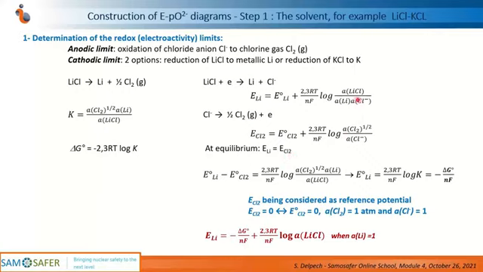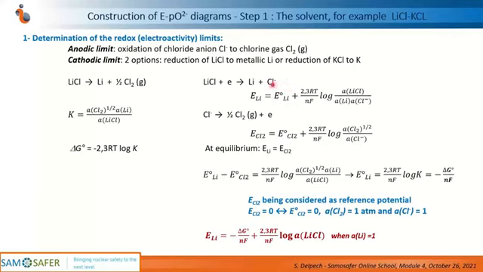So we equate these two relations, and then we can write this relation in which the equilibrium constant K appears. Then we observe a direct relation between the standard potential of lithium and the Gibbs energy, so it is possible to calculate this value.